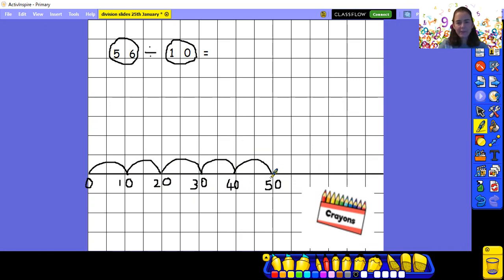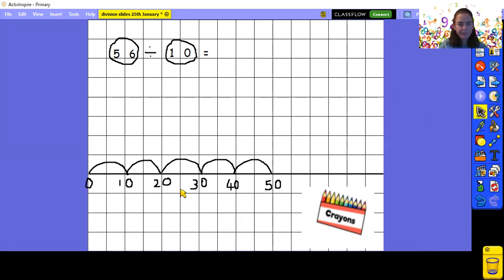Well, let's see. What is, I'm going to do it in a different colour, 10 more than 50? 10 more than 50 is 60. I haven't got 60 crayons. So how many packets can I fill? Let's just rub that one out because we can't get to 60, can we? How many packets can I fill?